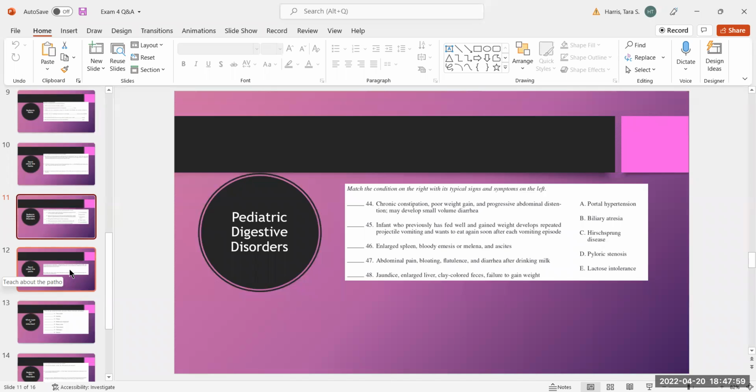Portal hypertension is common too. I've not ever experienced or seen a child with portal hypertension, but some of the others I mentioned I have. So I'm going to call out some conditions or the signs and symptoms of the condition, and you just try to tell me which condition it would be, okay?